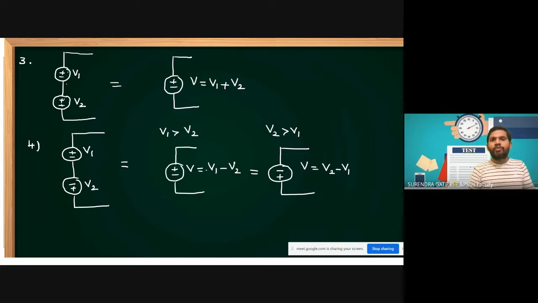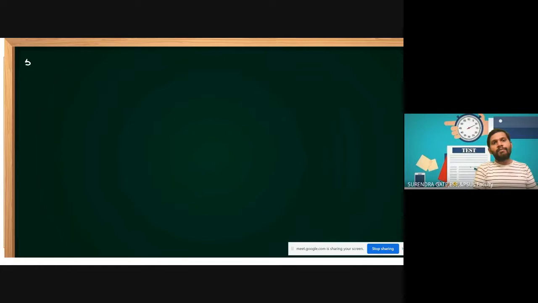Next, this is the fourth one, I have given this one. Yes, friends, the fifth one I am giving. Let us assume two equal voltage sources, V1 and V2.